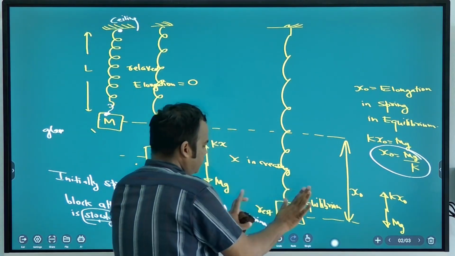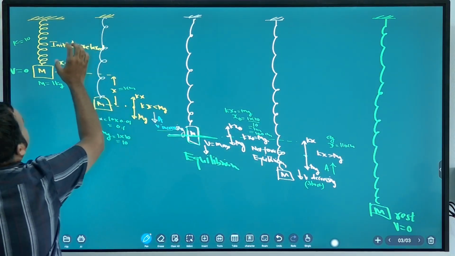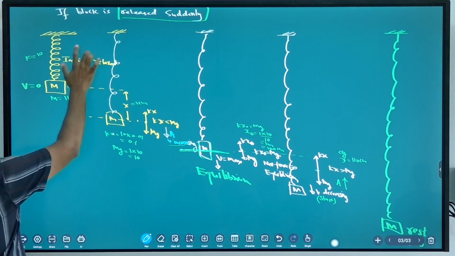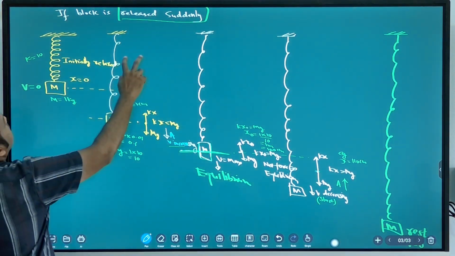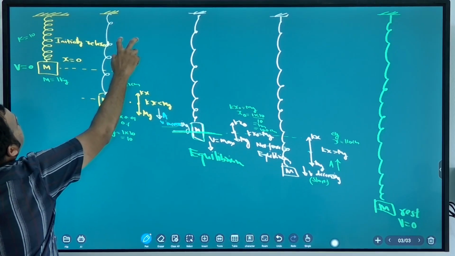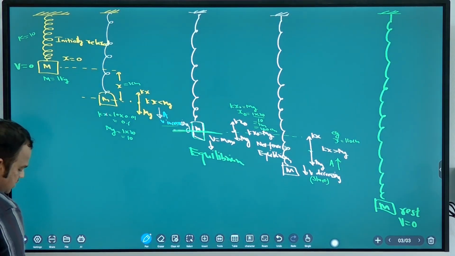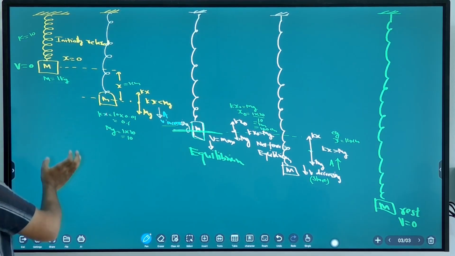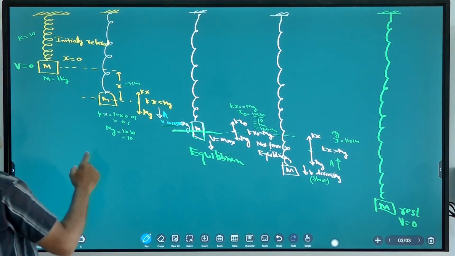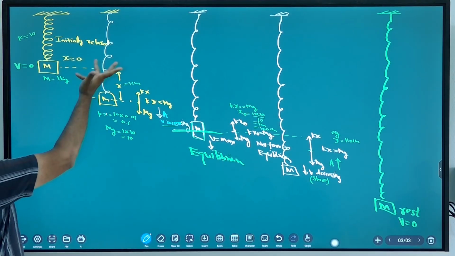Now, what if you release suddenly? Suddenly release. So the block will come down, come to rest, again it will go up, come to rest. So it is oscillating. Why is it oscillating?